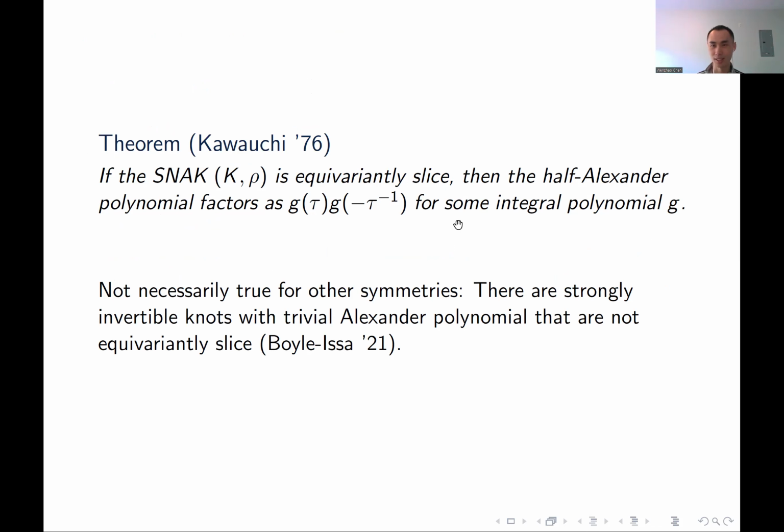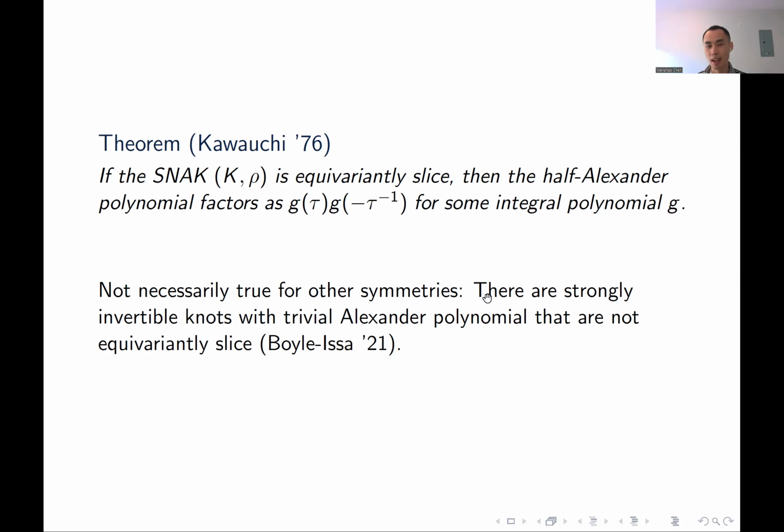Learning that such a theorem exists somehow suggests that we try to prove an equivalent version of Freedman's theorem. Also, if you know a little bit more about concordance of knots with symmetry, then you'll be slightly more surprised by the result, because it's not necessarily true that you can generalize Freedman's theorem to knots with any other symmetries.